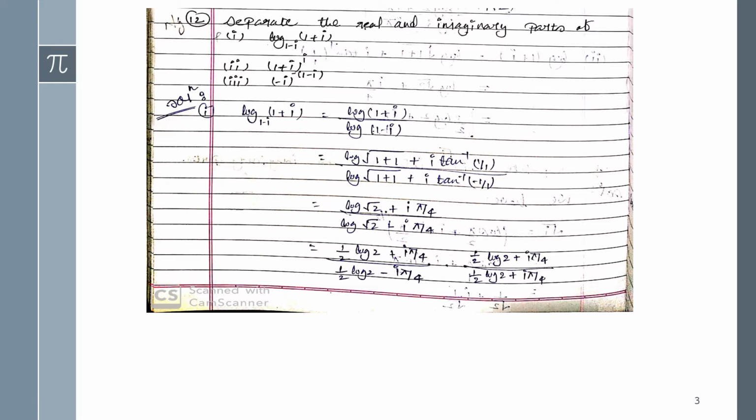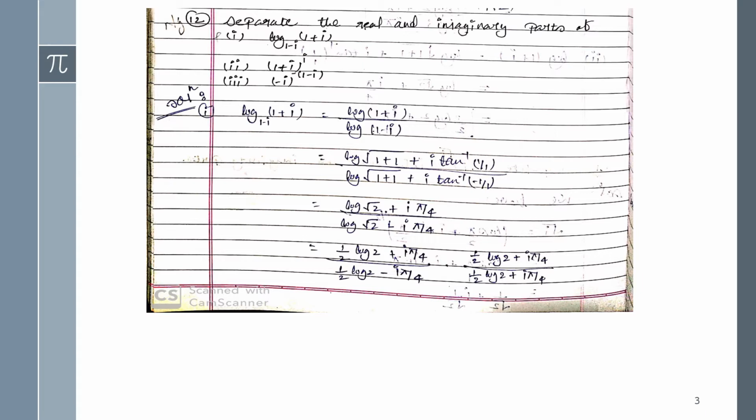I think you are all aware of this method now, because in the 11th example we just found the real and imaginary parts. I hope you will do it on your own, but I'm still giving a few highlights. If you couldn't understand properly earlier, you can understand very well today.